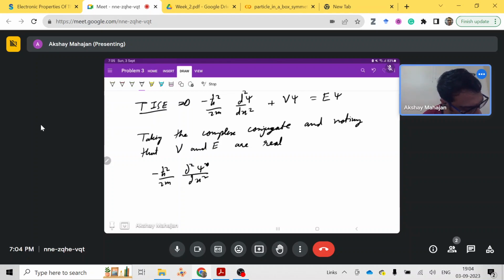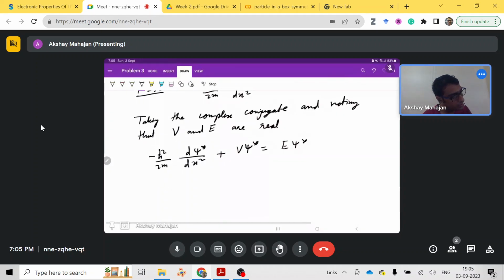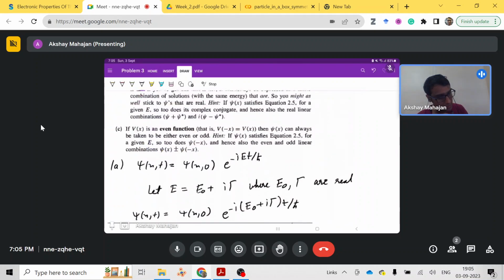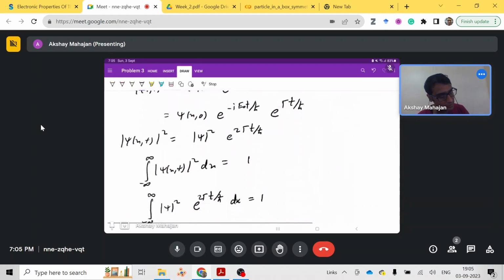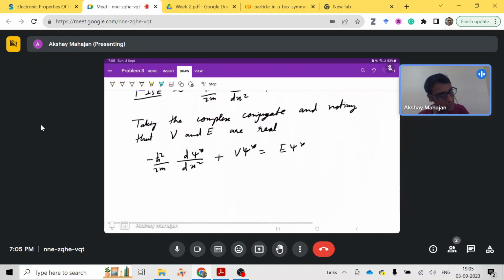You can write d because we are considering psi to be a function of x only. Here V and E are real, and you can see that from this part as well; it has given you a hint how to solve this problem.